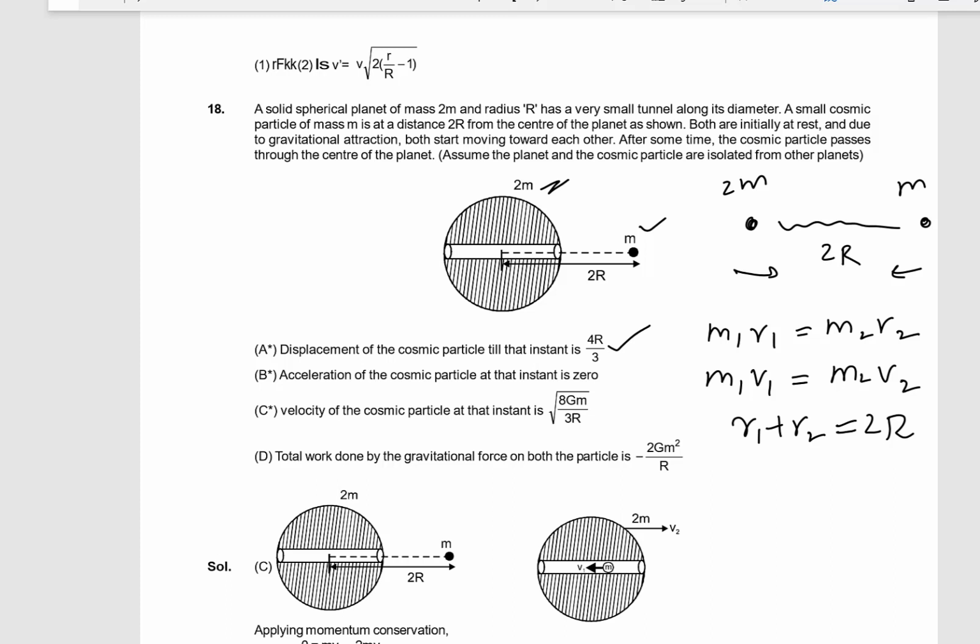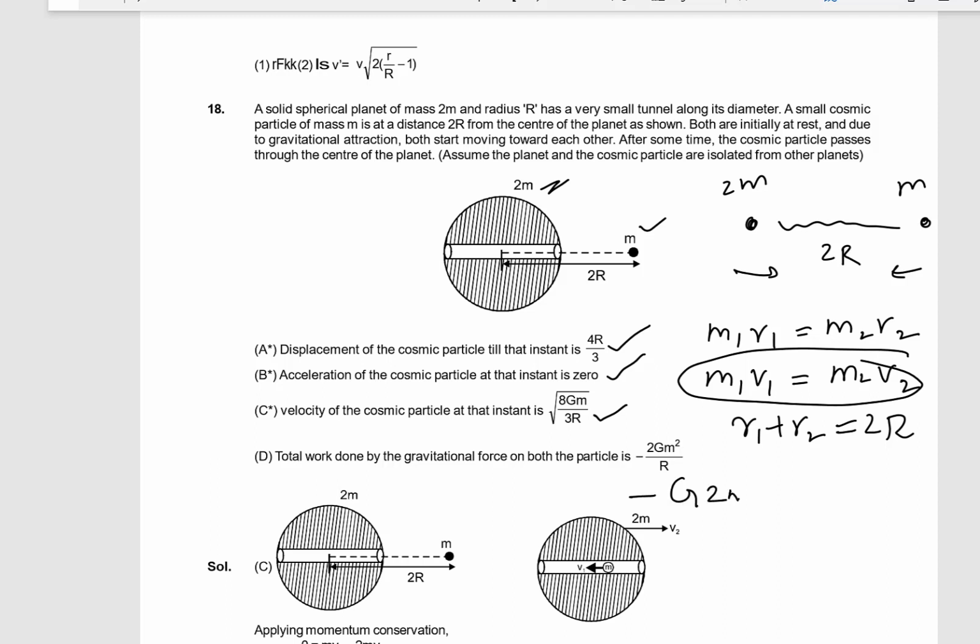When it reaches the center, what is the acceleration? What is the field? The field at the center of a solid sphere is 0, so there is no force between them, so acceleration will be 0. From this and conservation of total energy, we'll get the velocity of that particle as this. What is the initial potential energy?